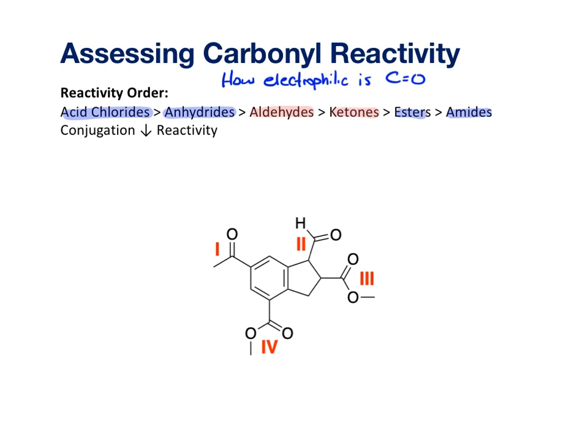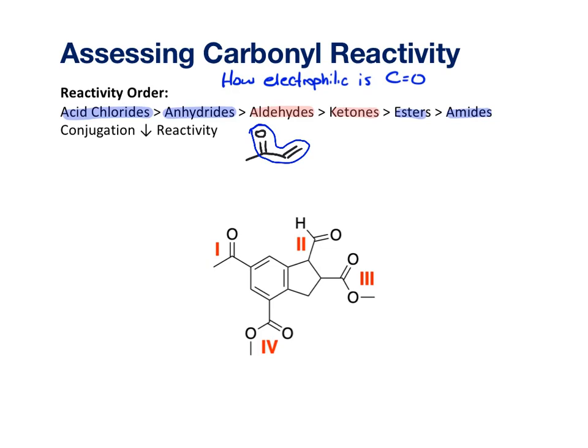The other thing to keep in mind is that conjugation decreases the reactivity, because if the carbonyl is conjugated, that's a stabilizing factor. We have this conjugation here. That makes the carbonyl extra happy, so it doesn't want to react.